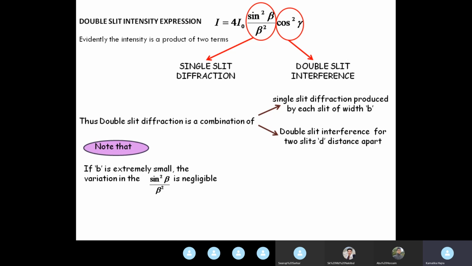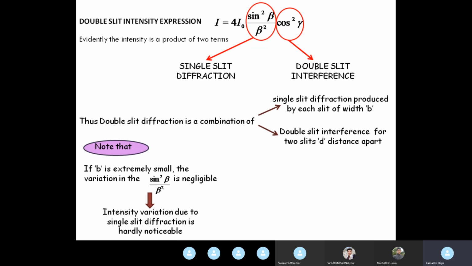So if we have a setup where b is very, very small, so that b is much smaller than d, then the variation in the sine squared beta term is almost negligible compared to the variation of the cos square gamma term.